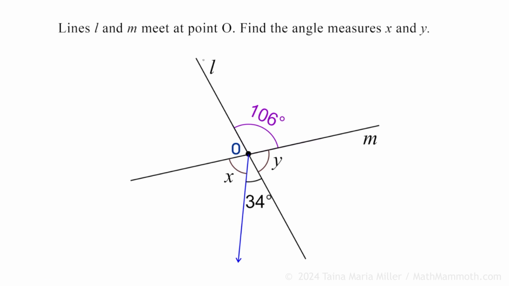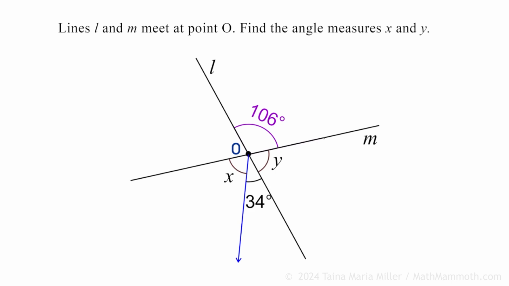There's two lines. It says that line L and line M meet at this point. And find the angle measures x and y. Okay, the reason we need to know that these two lines actually meet here, point O, is that when you have two lines intersecting, you get vertical angles. Vertical angles are congruent, and that will help us a lot. This angle is 106 degrees.